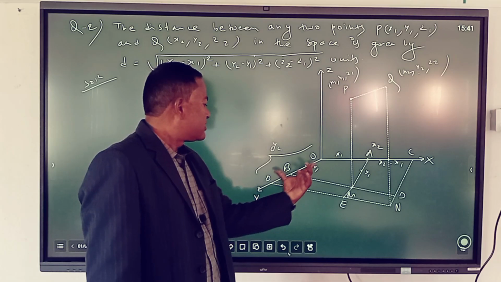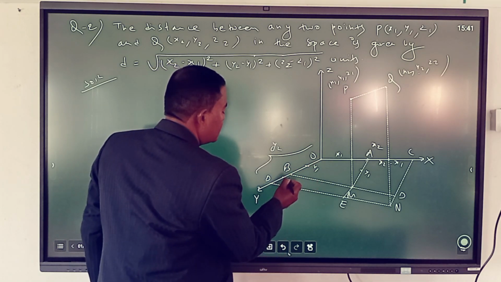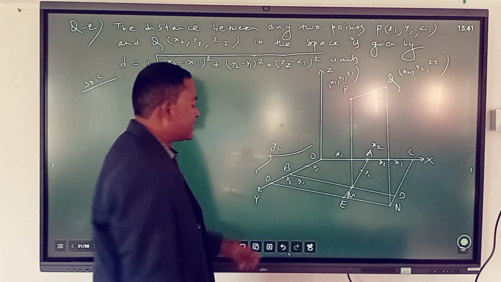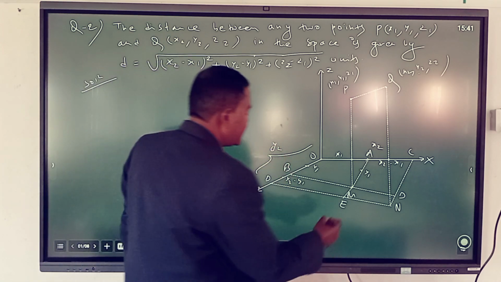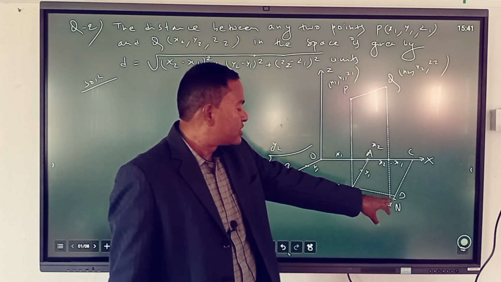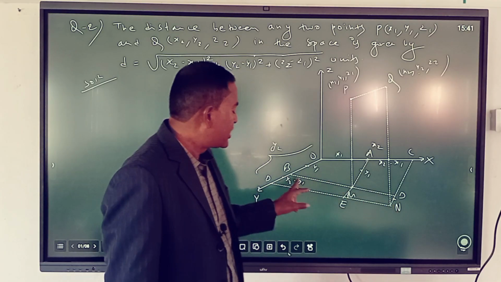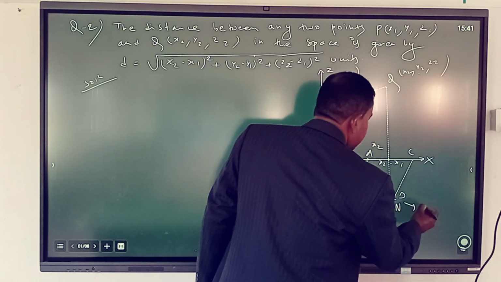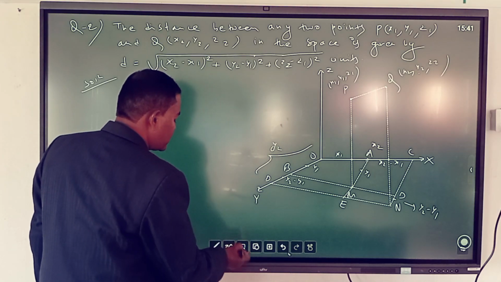The difference between y2 and y1 gives y2 minus y1, which is the measure of BD. Now BD and DN are both equal, so we can write BD and DN both as y2 minus y1. So dear student, let us take one more construction.